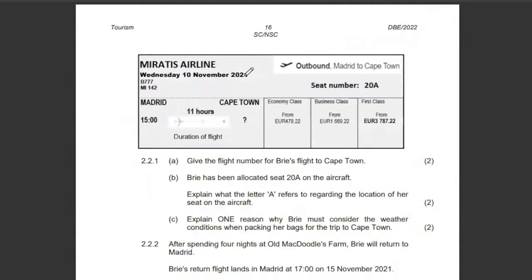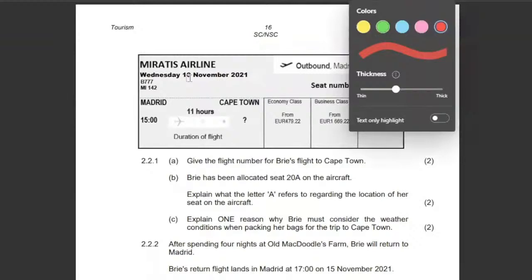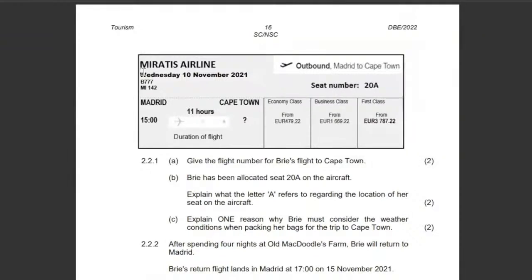You are also given the date of departure. I would highlight it will depart on Wednesday. Then the seat number, the two destinations, and the duration of the flight are listed.